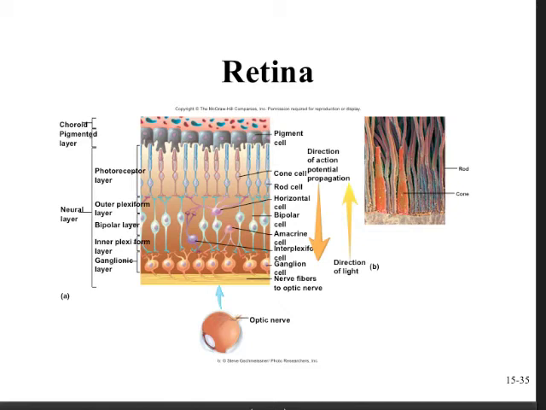When the light hits the retinol with just the right amount of energy, what will happen is that the retinol will change its shape. It'll flip between a cis and a trans configuration, and that ultimately would change the shape of the opsin, which causes the change in the current that eventually gets sent back to the occipital lobe of the brain that we interpret as visual information in the visual cortex.